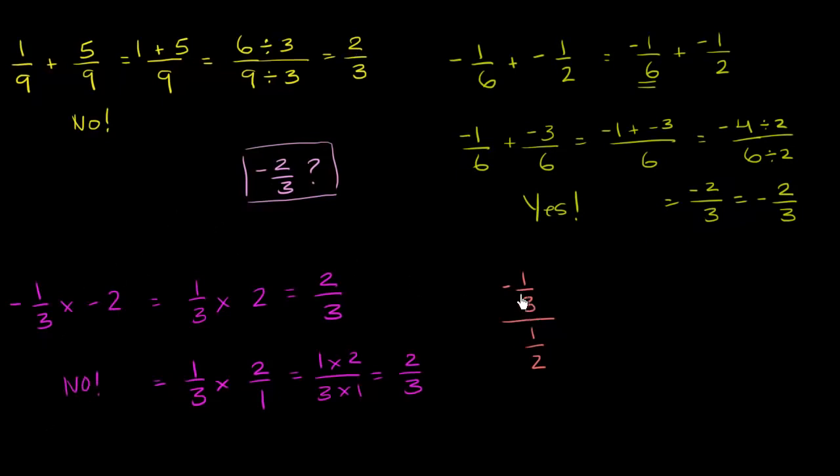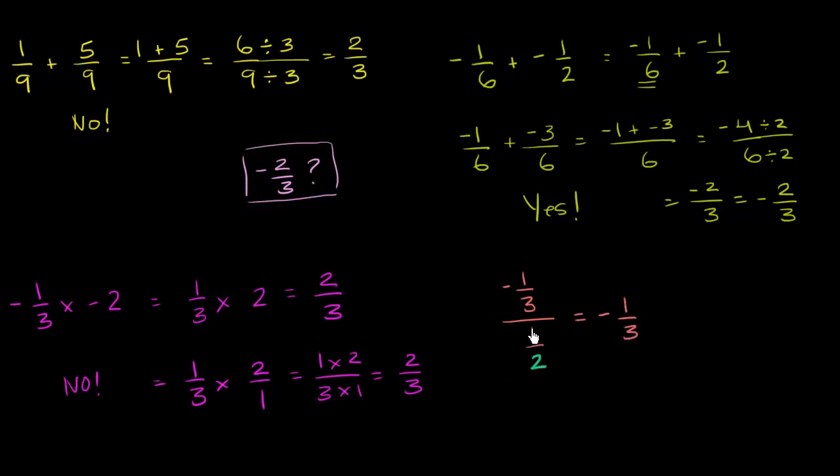Now let's look at this one. Negative 1/3 divided by 1/2. So when you divide by a fraction, when you take negative 1/3, let me write it this way. So negative 1/3 divided by 1/2, this is the same thing as negative 1/3. And let me color code it, just so you see what I'm doing. So let me make that green color.